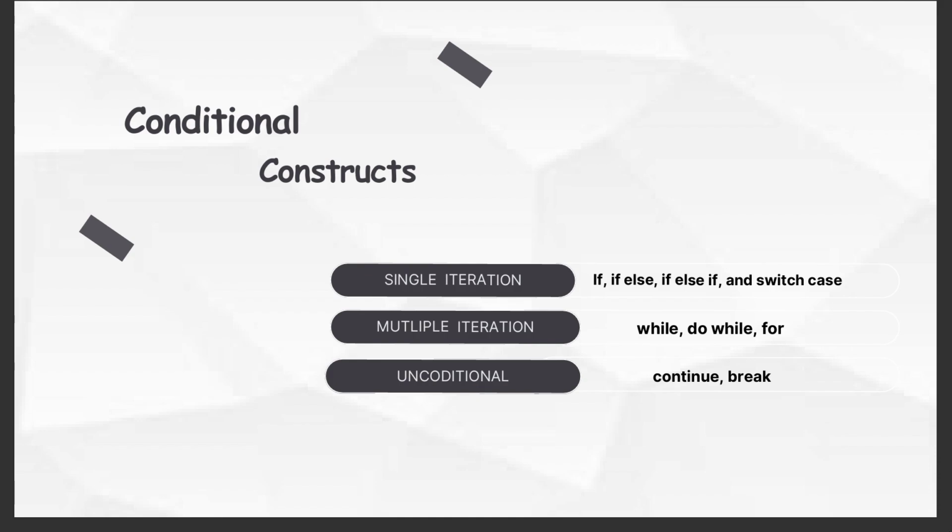And the last one, unconditional construct, control flow. These include break, used to exit a loop or switch block, and continue, which skips the current iteration and continues the loop. This logic ensures emergency stop functionality, allowing the machine to halt operations immediately, an important safety feature.